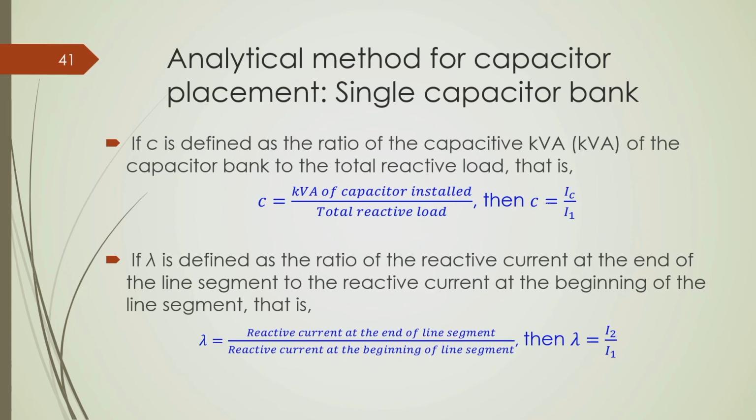Because you see that this ratio Ic by I1 is represented by a variable small c, and it is representing the kVA of the capacitor bank to the reactive load of the system, where I1 is the total reactive load of the system, because it is the reactive component of the load current near the substation, through which all the load currents are flowing.